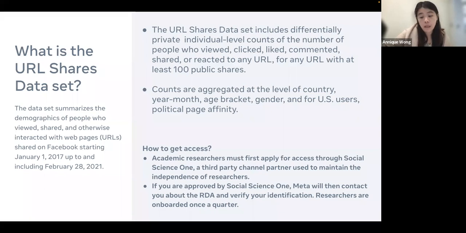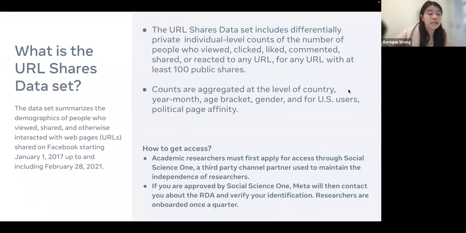This means that no one can learn anything significant about the individuals from the data set, but it's still valuable because researchers can still use the data to uncover broad time series or group level trends and relationships of interest.